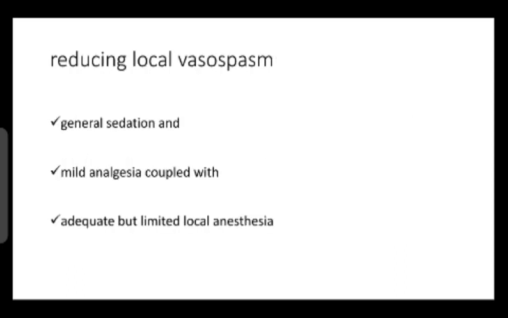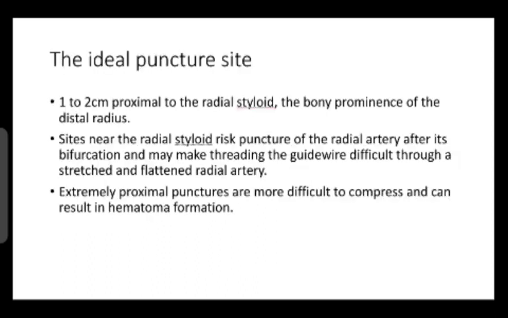Reducing local vasospasm: general sedation with mild analgesia, with adequate but limited local anesthesia. The ideal puncture site is 1 to 2 cm proximal to the radial styloid, the bony prominence of the distal radius.